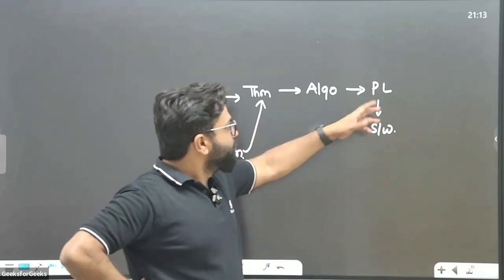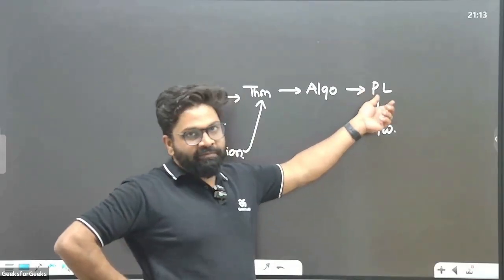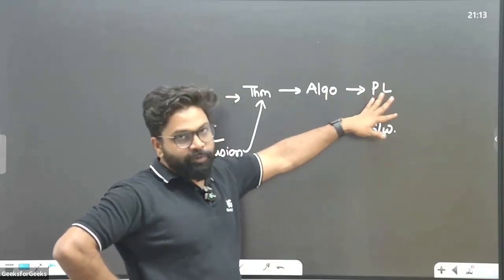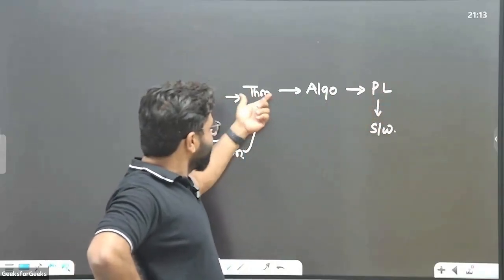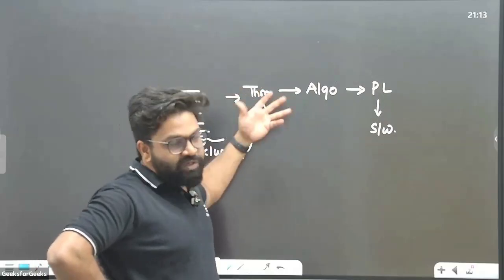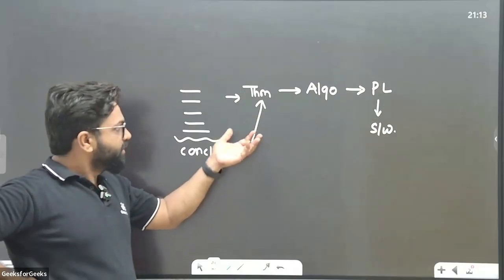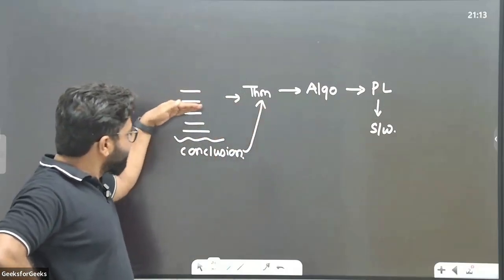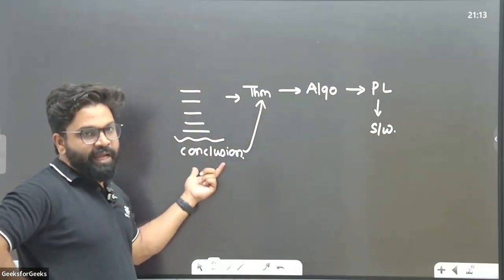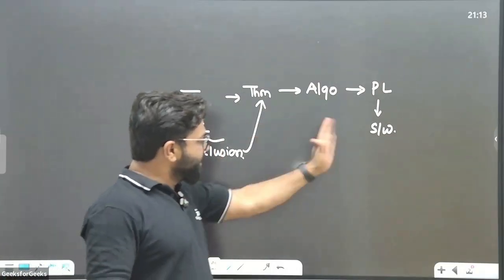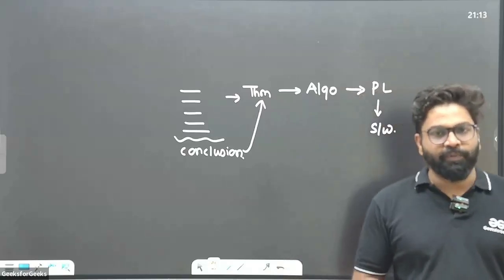So for example, you have the programming language. From the programming language you make a software, and you use that algorithm in the programming language. And in order to use the algorithm, you will also require the theorem. But from where are you getting the theorem? You get it where multiple statements lead to a conclusion, and this conclusion you use as a theorem. So sir, basically this is the broad perspective related to computer science.